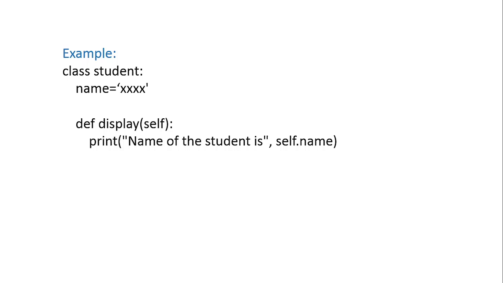Whenever you call the method called display, it will print the particular object's name. Here the particular object is a student, and each student will have a unique name.